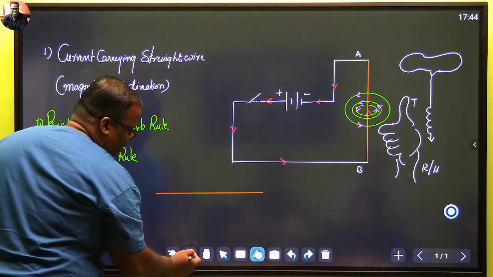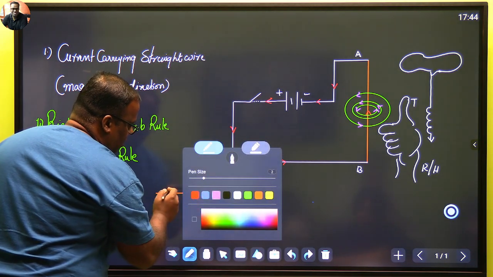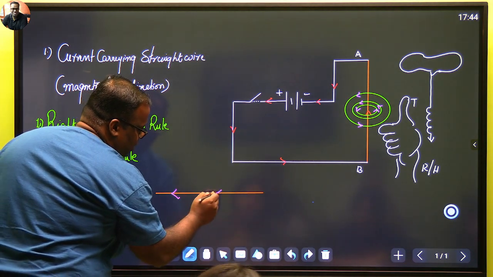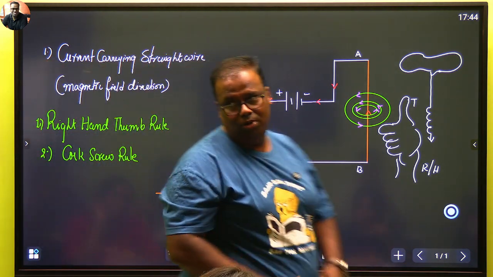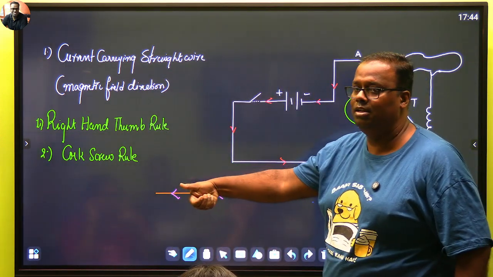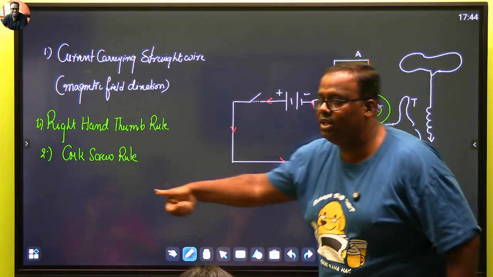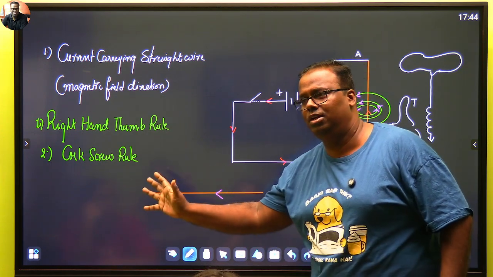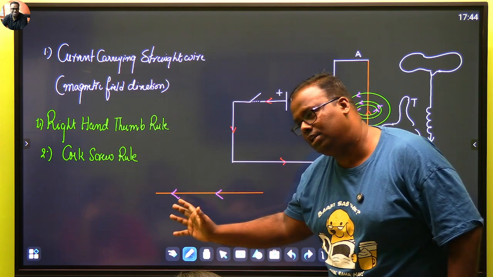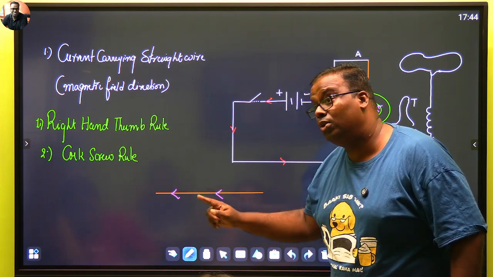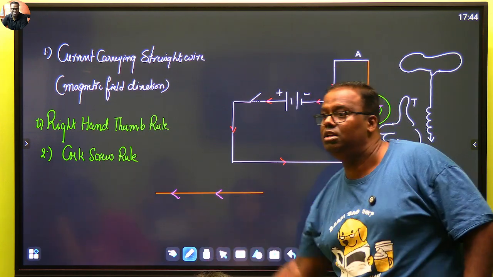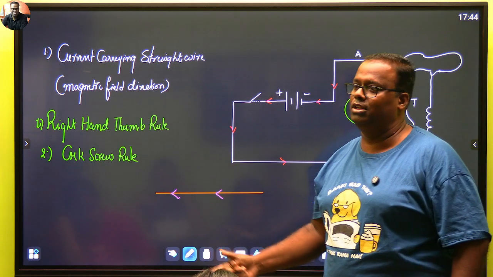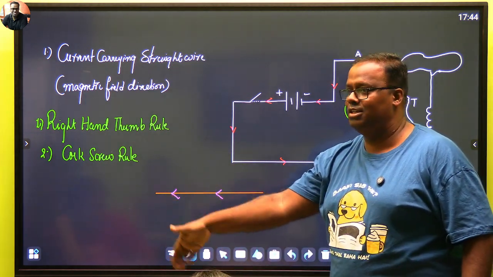This is also a straight wire, and they show that current is moving in this direction. Now how will you apply right hand thumb rule? ऐसे. So the current is going in this direction, and circles will always be perpendicular to the axis of the wire. बट रोटेशन आपको देखना है. इस बार रोटेशन कैसा होगा? नीचे से ऊपर की तरफ, नीचे से ऊपर की तरफ. करंट इस साइड जा रहा है ऐसे.